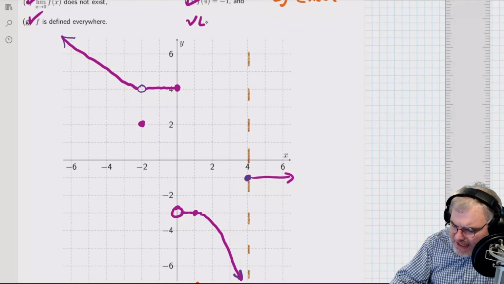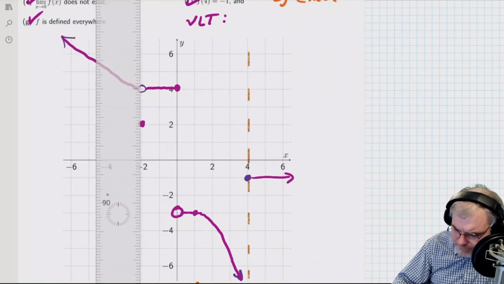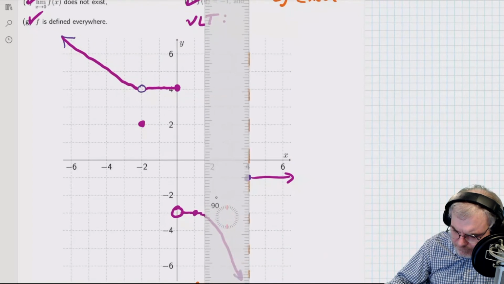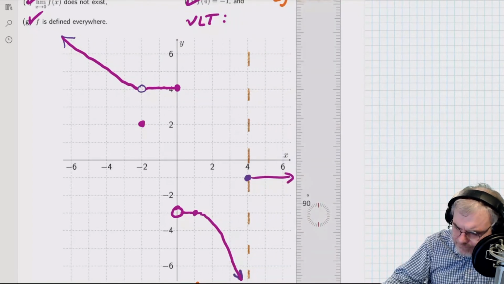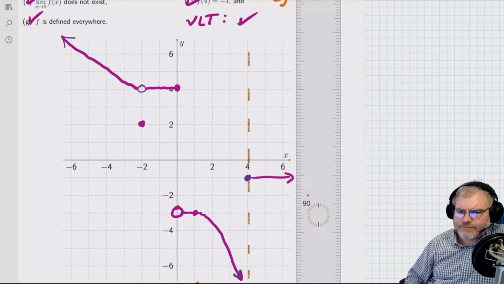VLT, vertical line test, is that okay? Yes. And I'm done. How do we feel there about step 3?